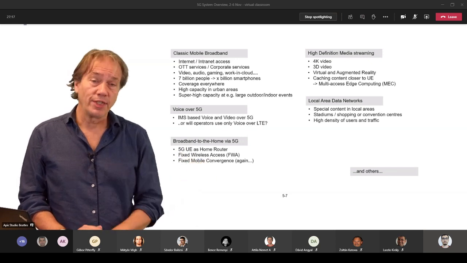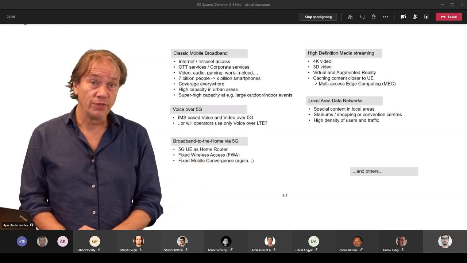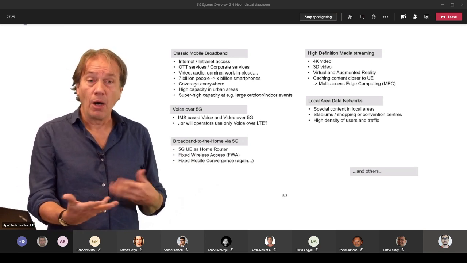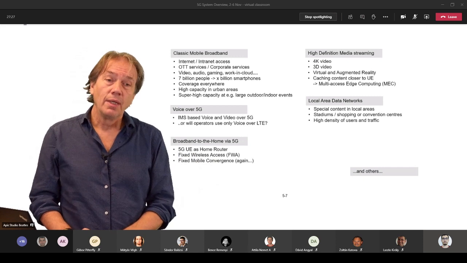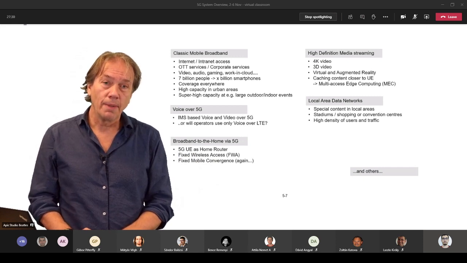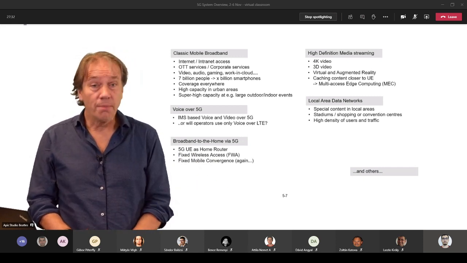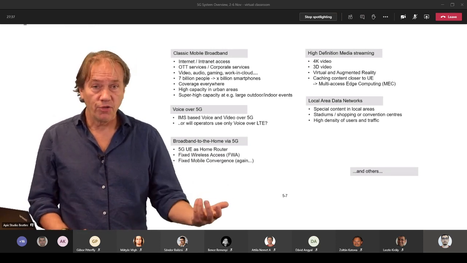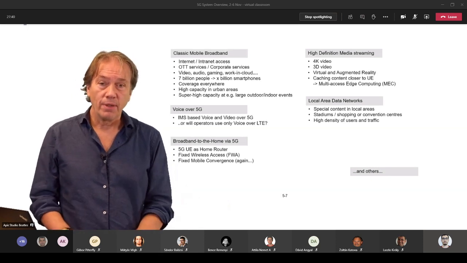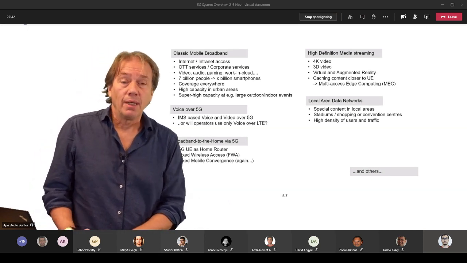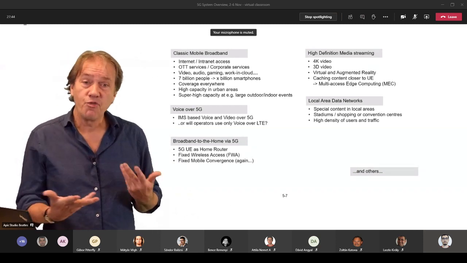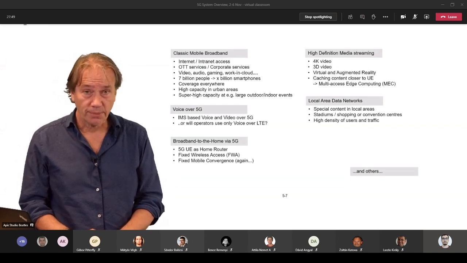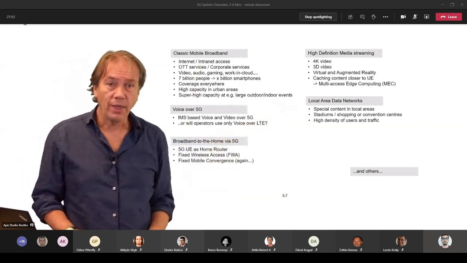Actually, fixed wireless access was probably the first 5G use case. So connecting houses with 5G in case there was no fixed broadband connection. If it was too expensive or complicated to have a cable or fiber to a house, 5G could be used pretty much like we use 4G routers sometimes to connect houses or homes or apartments. We will not go through everything. I think you get the picture.